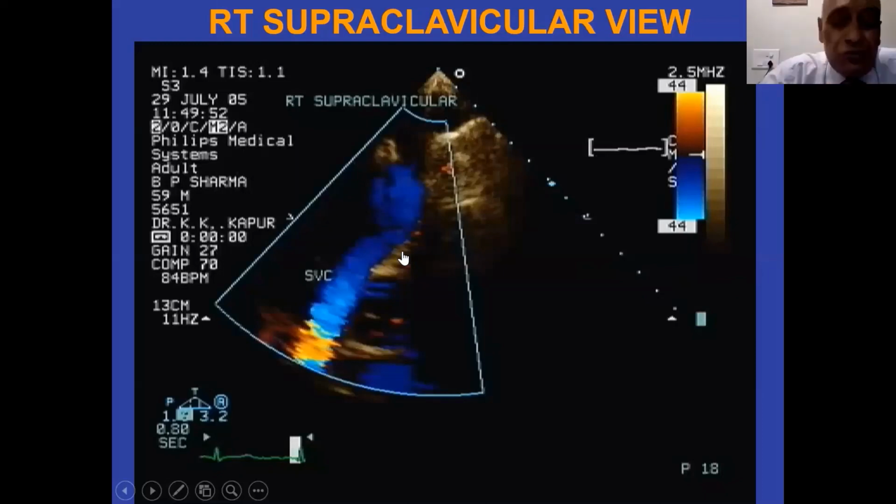The other option, of course, is to resort to contrast echo. Contrast echo is performed by injecting the contrast intravenously. From the right atrium and right ventricle it goes through the pulmonary circulation to the left side, and you will image the left ventricle.